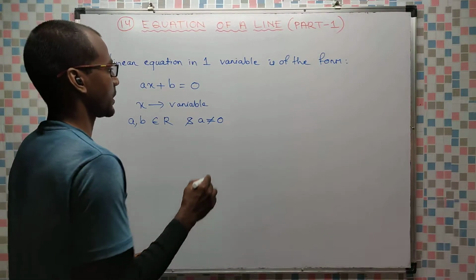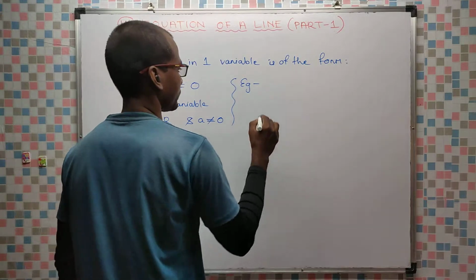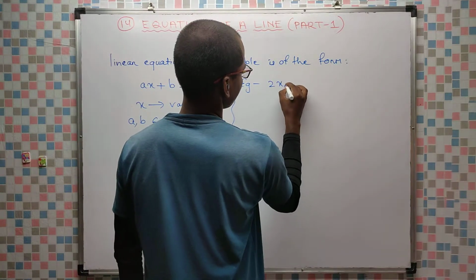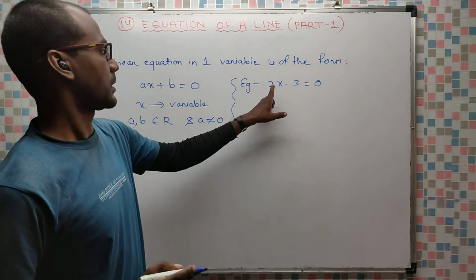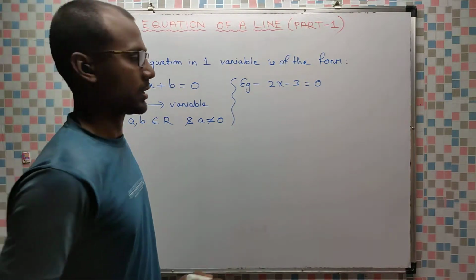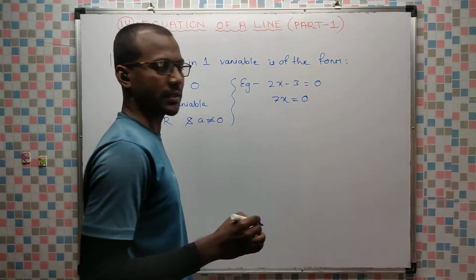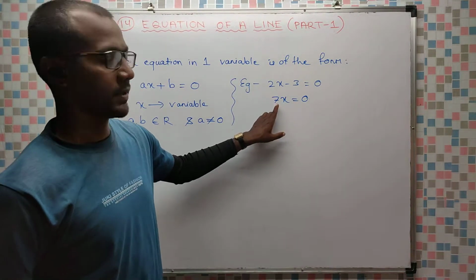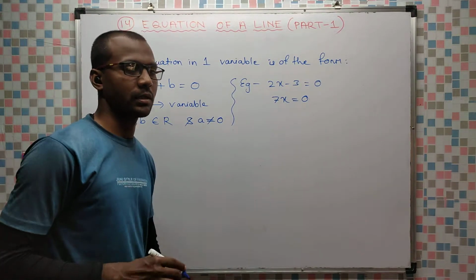Let us take some examples. 2x minus 3 is equal to 0. Here a is 2, b is minus 3. 7x is equal to 0. Here a is 7, b is not there, means b is 0. a cannot be 0 but b can be 0.